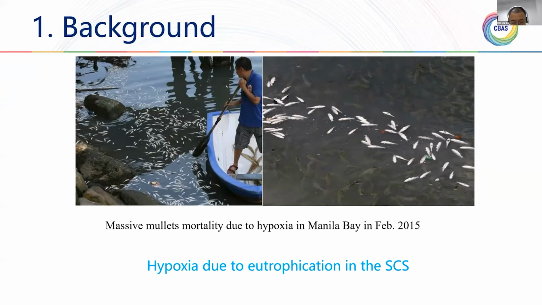In February 2015, there was a massive fish mortality in Manila Bay. From the figure, we can see numerous fish surfacing for breathing, so it's safe to conclude that hypoxia might be responsible for the fish loss.